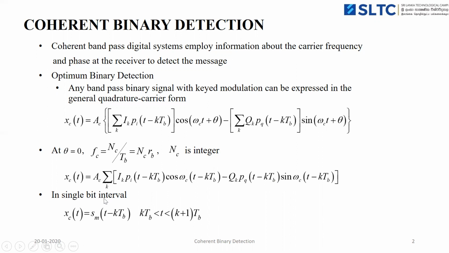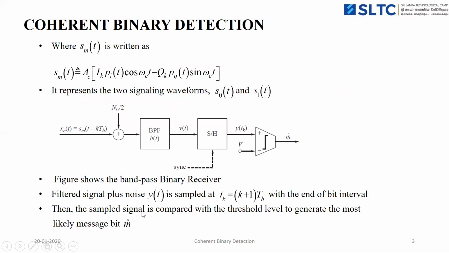For a single bit interval, Xc of t is related to the signaling waveform Sm of t, which is equal to Ac, the carrier amplitude, times the in-phase and quadrature terms, where subscript m equal to 1 indicates the signaling waveform for binary 1, and m equal to 0 means the signaling waveform for binary 0.